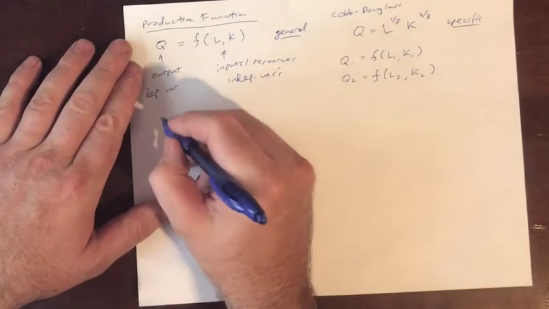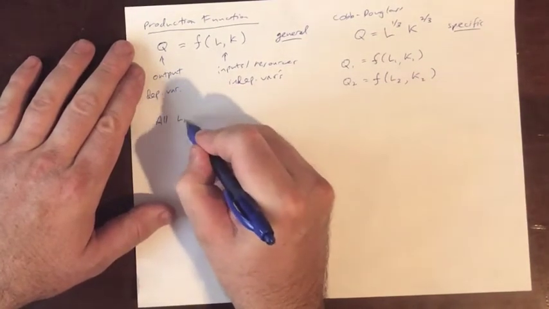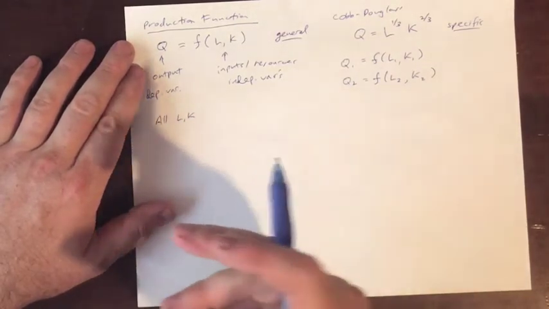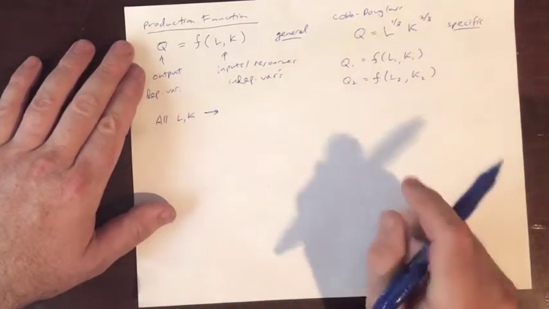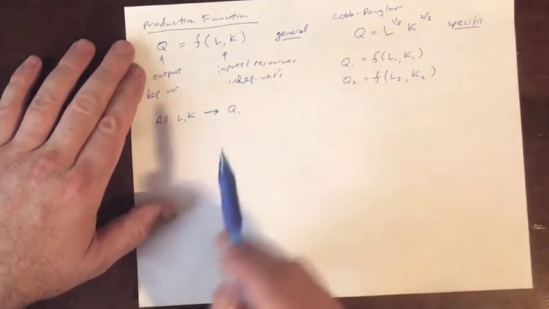So imagine this. Imagine that all the resources, all of our labor and capital, for example, goes into just one area of production. It goes into producing Q1.